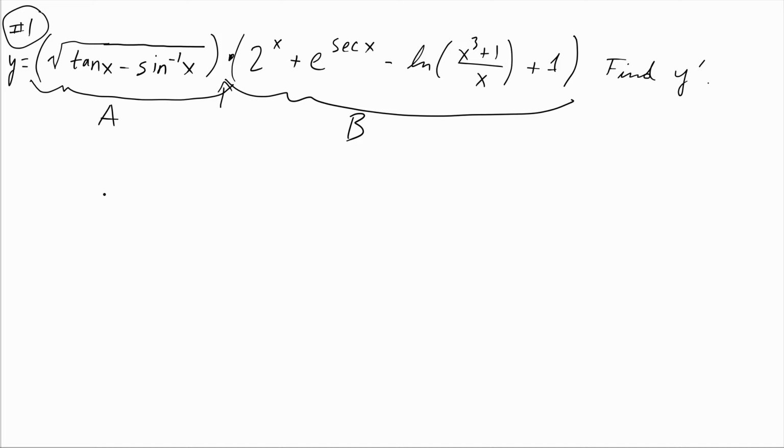All right. So essentially we know that y prime is going to be equal to the derivative of a times b plus a times the derivative of b, b prime. Now, we already know what a and b are, right? What we don't know is a prime and b prime.